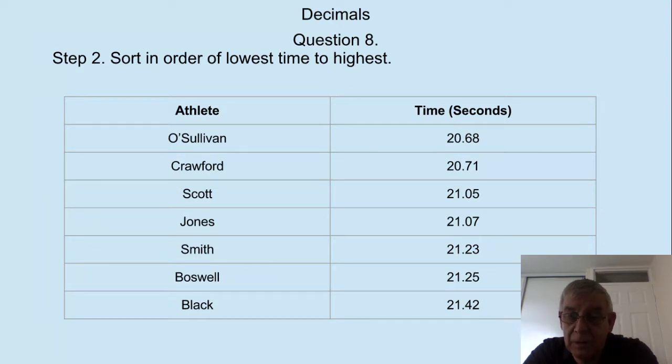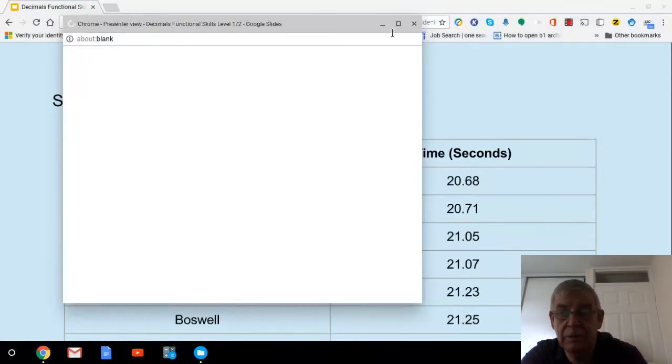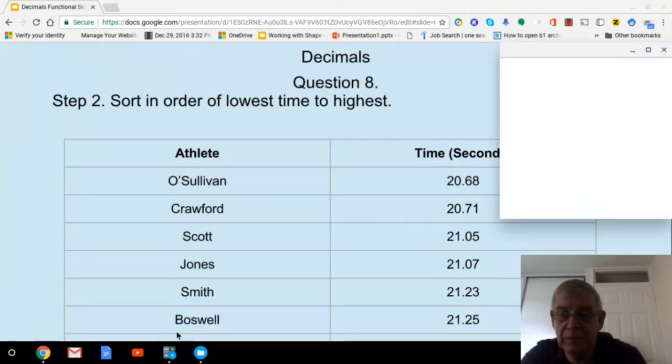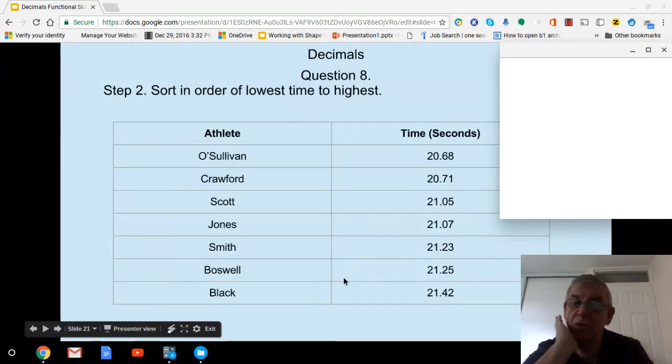Now then, we can use the calculator at this point. So if we go back to presenter view, once again get rid of that, I can put the calculator on the screen and we can calculate the actual time difference between Jones, who came fourth.